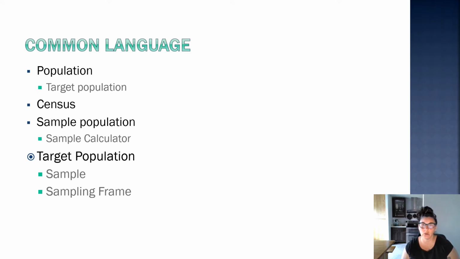So if you're doing research on how people feel about other people with tattoos, right? You might have a population of people in Orange County and how they feel about people with tattoos, right? So everybody in Orange County is your population.